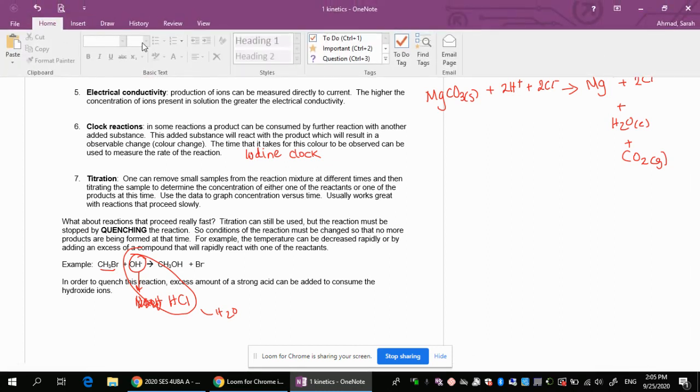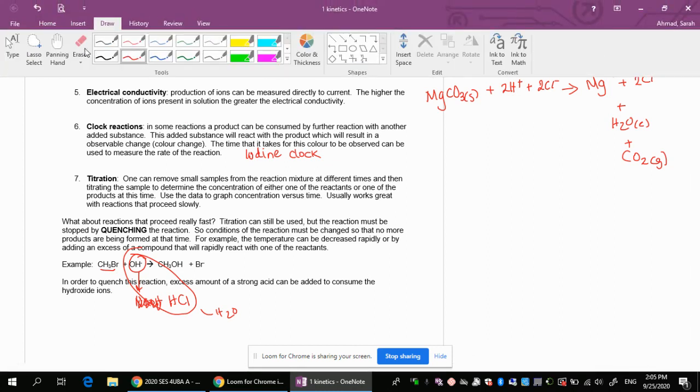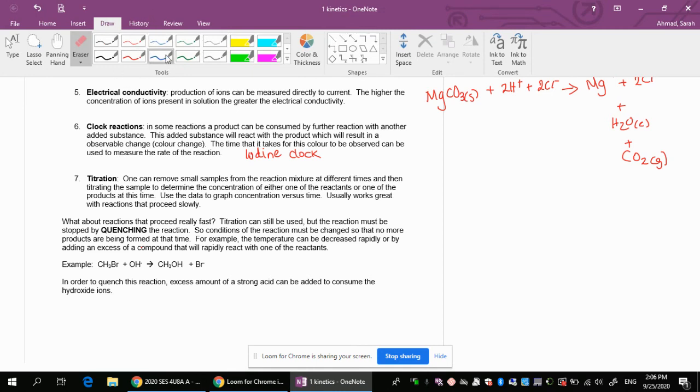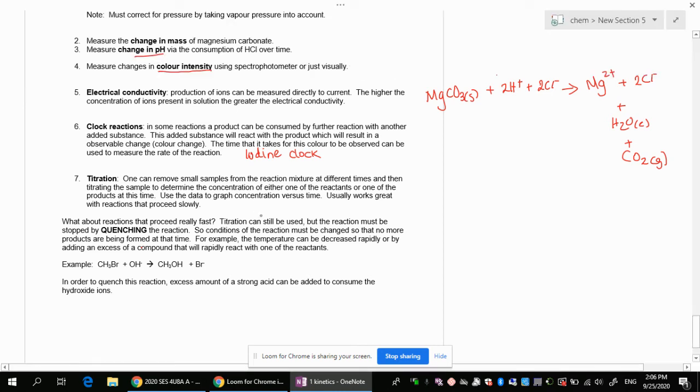So by adding basically a competing reaction, you can quench it and look at analyzing it from that perspective. We are not going to do any quenching reactions this year, but just to let you know, those exist as well.